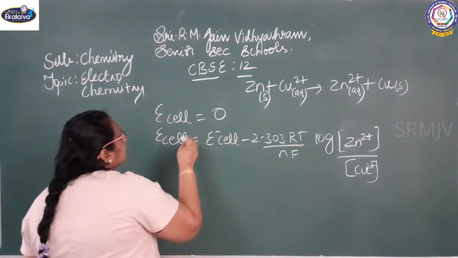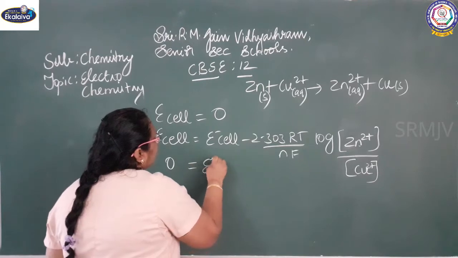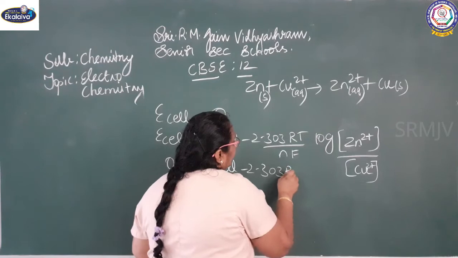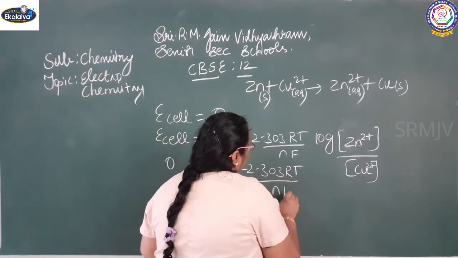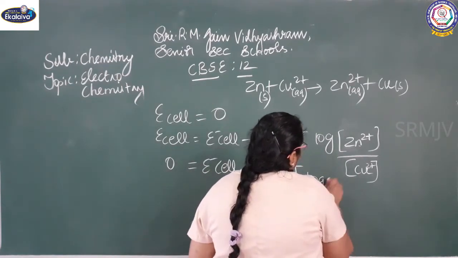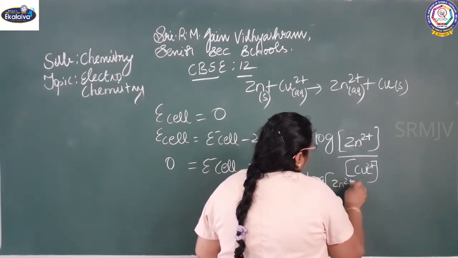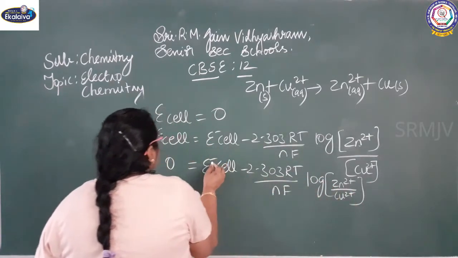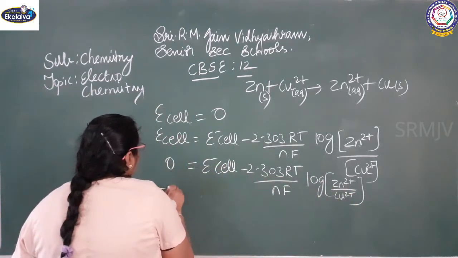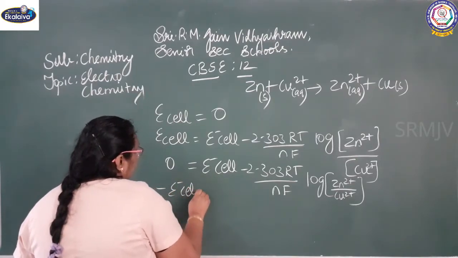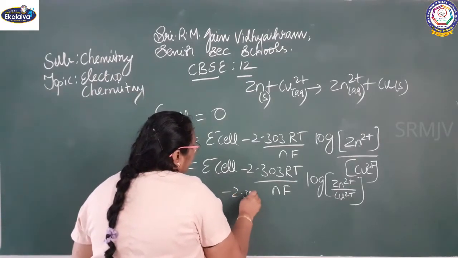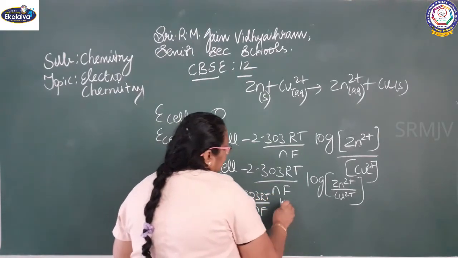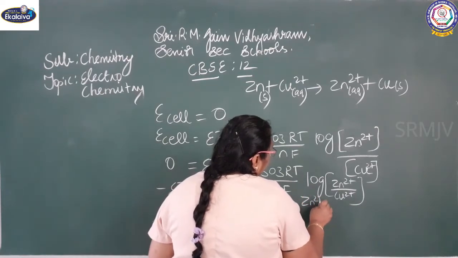E cell is equal to 0. So 0 is equal to E dash cell minus 2.303 RT divided by nF log of zinc 2 plus by copper 2 plus. When you bring this E dash cell to the other side, it becomes negative. So, E dash cell is equal to minus 2.303 RT divided by nF log of zinc 2 plus divided by copper 2 plus.